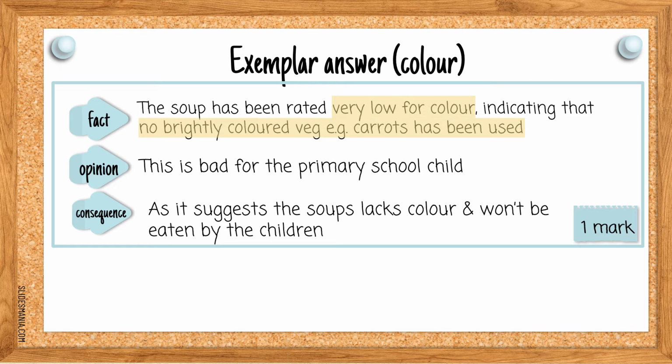Indicating that no brightly coloured vegetables such as carrots have been used. So we've said what this means in terms of the product in the question, which is the soup. We've given our opinion by saying this is bad for the primary school child, and we've also been specific to this primary school child. We've mentioned them in our answer.